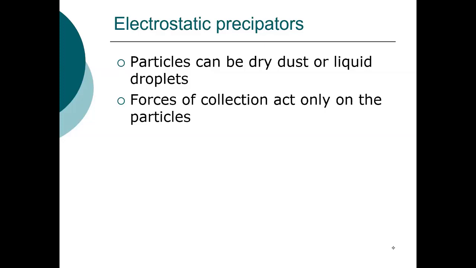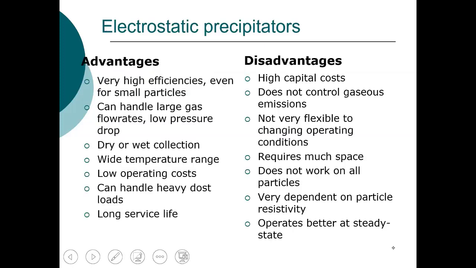And it can be used for both dry dust or liquid droplets, so it's extremely versatile. And it's able to remove particles that are much smaller than what we could remove with either a gravity settler or centrifugal separators. So let's look at a few of the advantages and disadvantages.